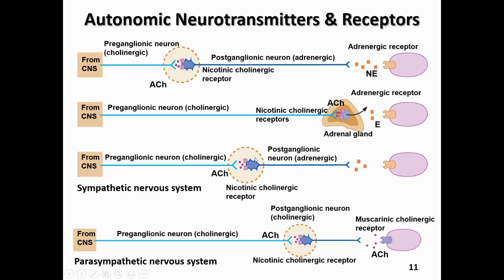So the postganglionic neuron houses receptors sensitive to physiological acetylcholine and experimental nicotine, and is adrenergic in that these postganglionic neurons will release norepinephrine, which will be detected by protein receptors embedded in the membrane of effector cells that are sensitive to norepinephrine.